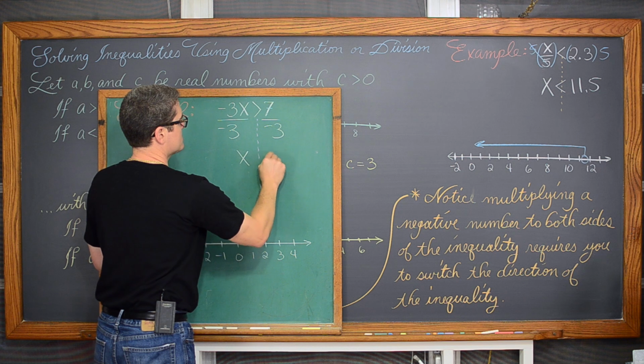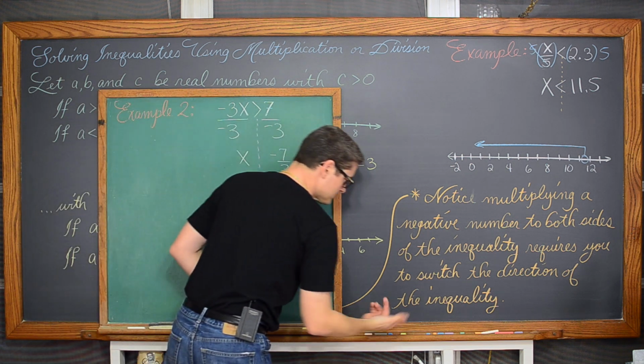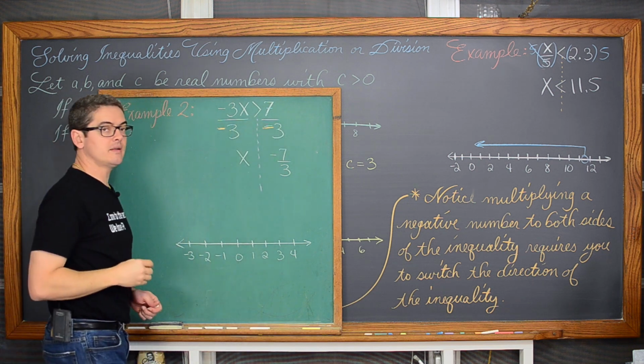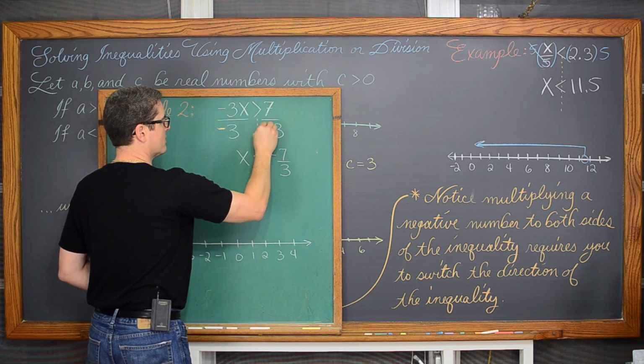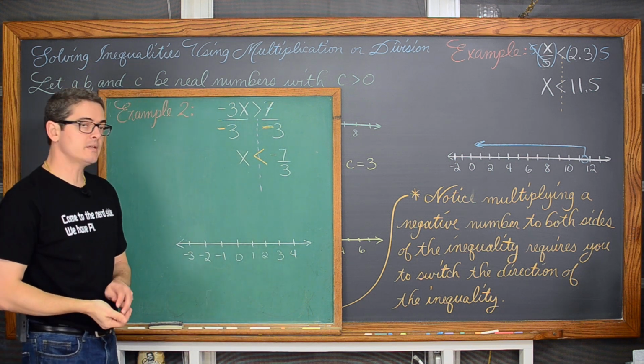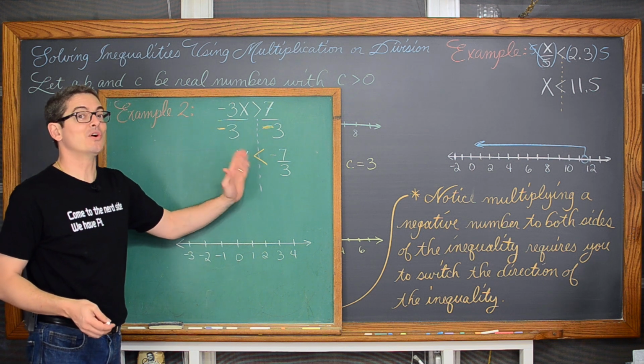We have 7 over 3, but where's my orange at? Because we are dividing by that negative number, you must remember to change the direction of that inequality. And now we have x is less than negative 7 over 3.